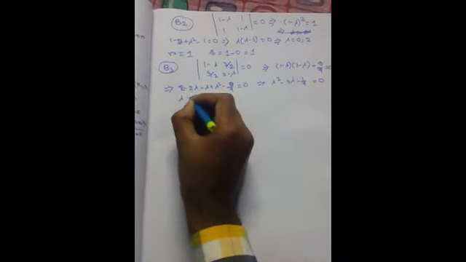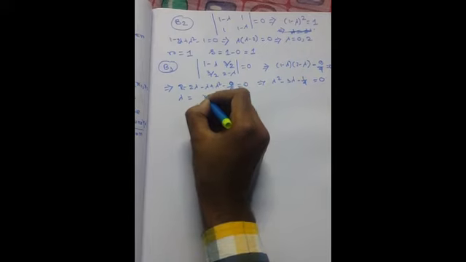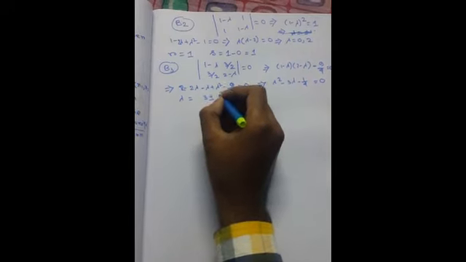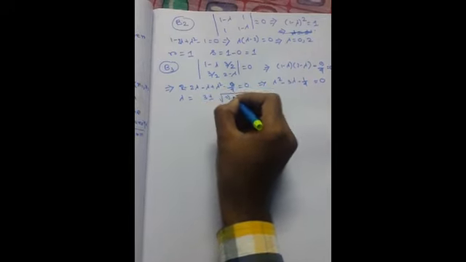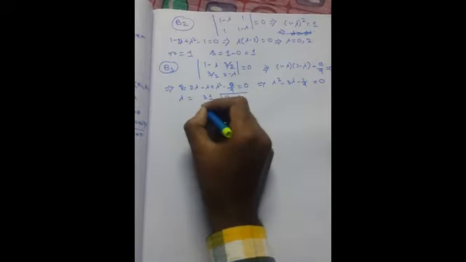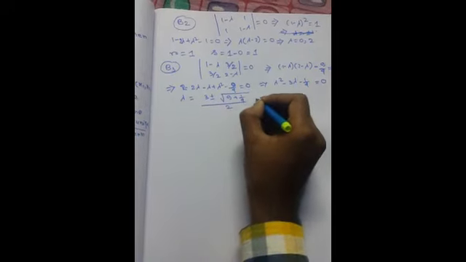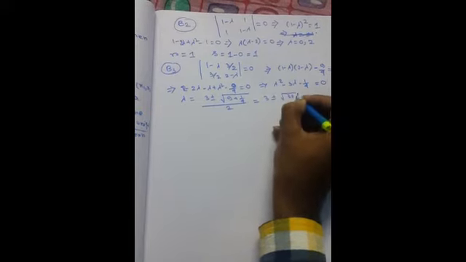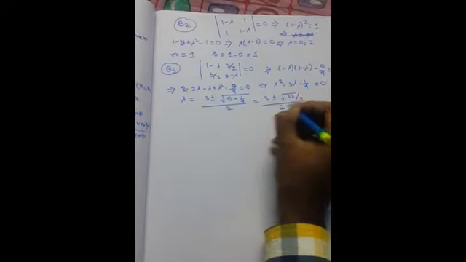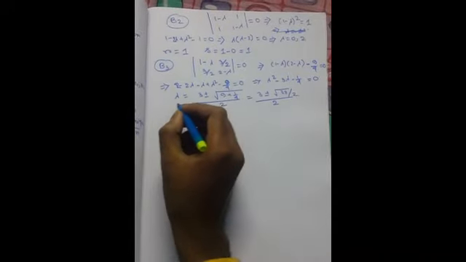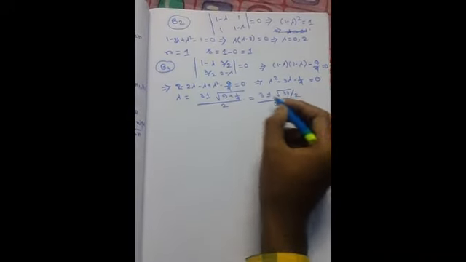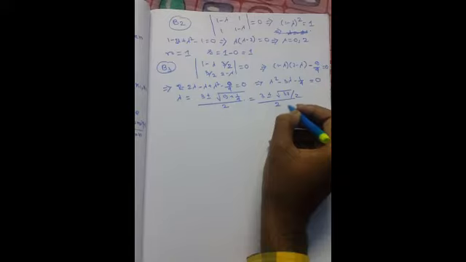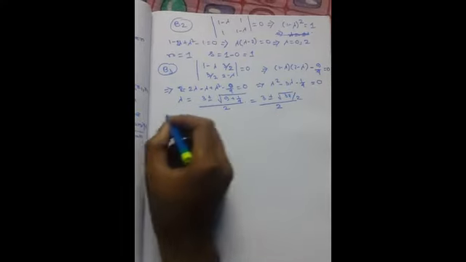So we get lambda equal to (3 plus root of this) by 2 and (3 minus root of this) by 2.